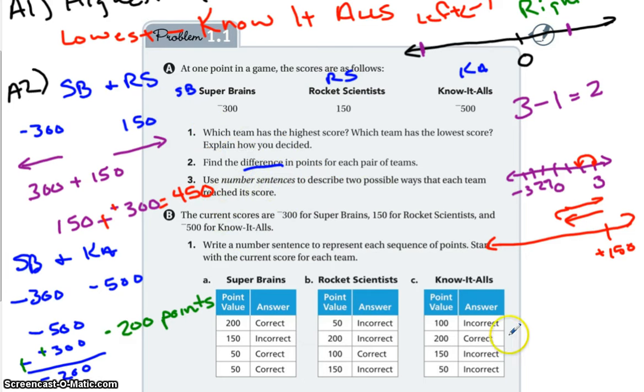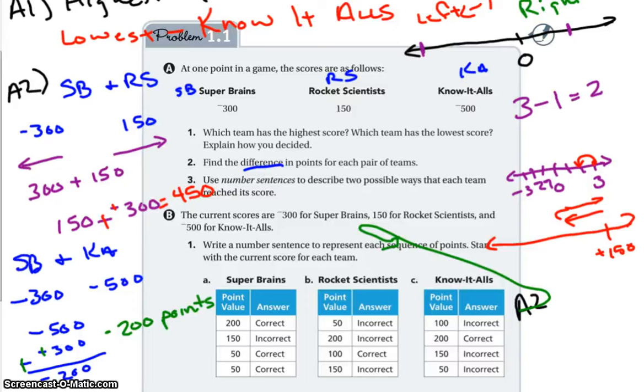But I want you to find, for A2, the difference between the know-it-alls and the rocket scientists. And then I want you to set up A3 in the form of a number sentence that would also give you the answer.